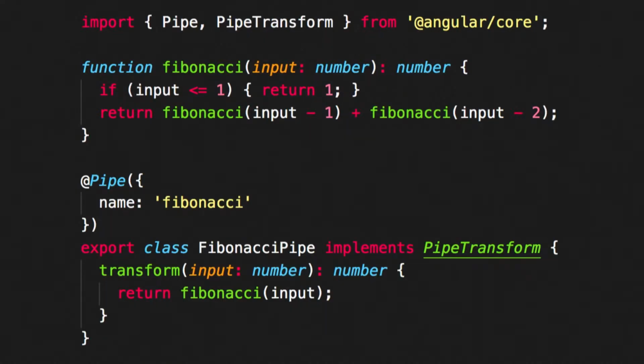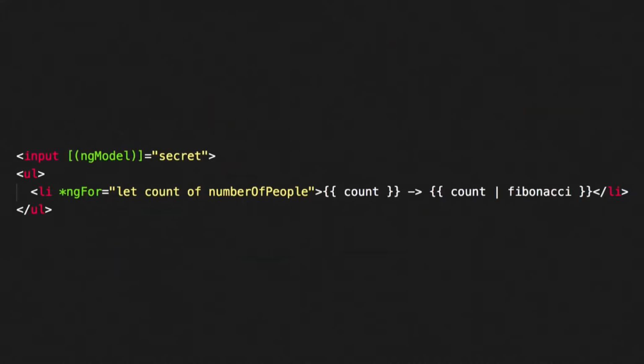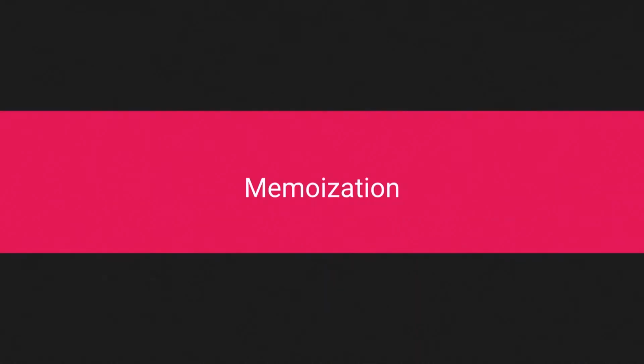So we can fix this by moving out the Fibonacci function into its own pipe. As a pure pipe, unless the input changes, the pipe isn't going to run. And so now when we type anything into the input element, our Fibonacci pipe will not fire again because the count value hasn't changed.